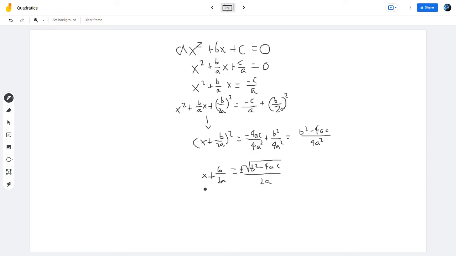There could be either. And all we have to do now is subtract b over 2a from both sides, and we have our finished equation. x is equal to negative b plus or minus the square root of b squared minus 4ac over 2a. And this is our completed quadratic formula.